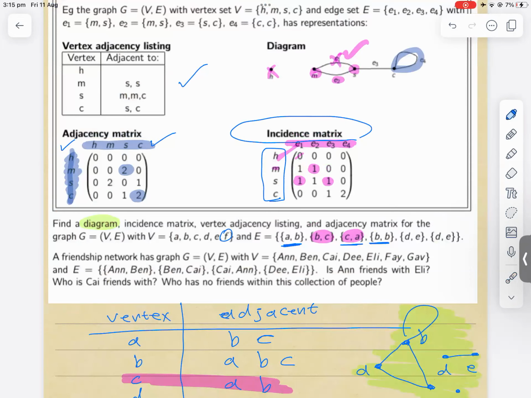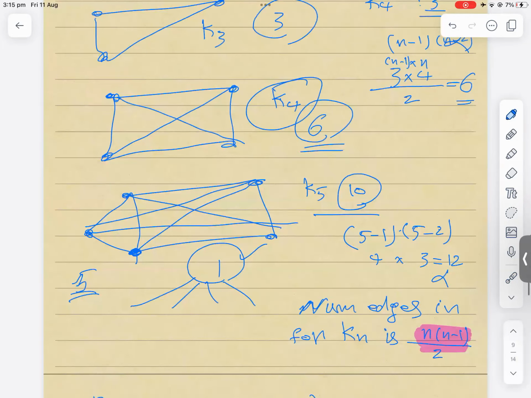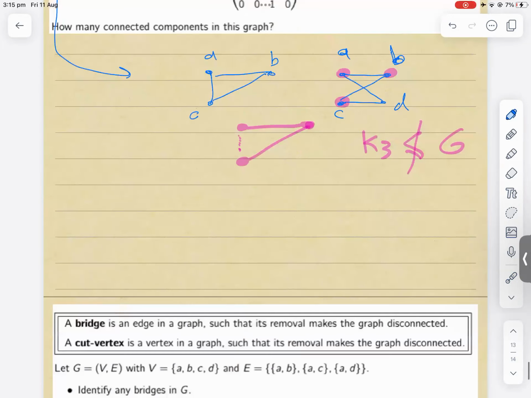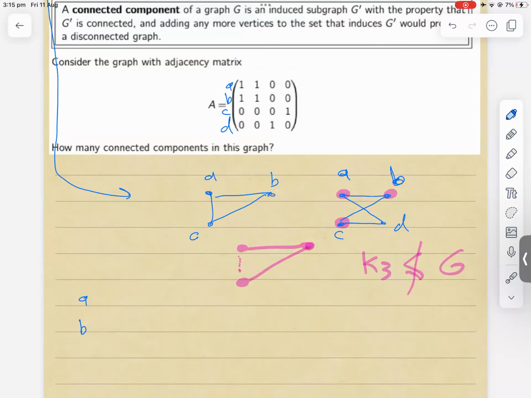So let's have this one just quickly. All right, so I have A, B, C, D.